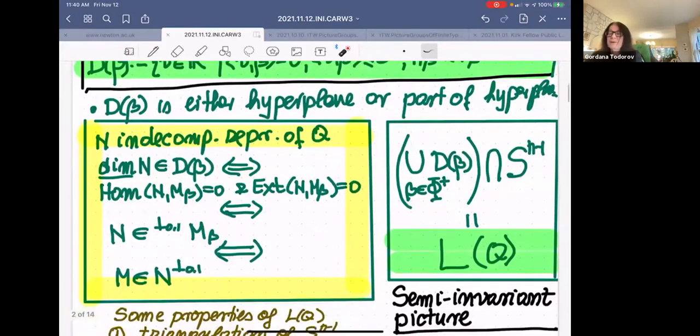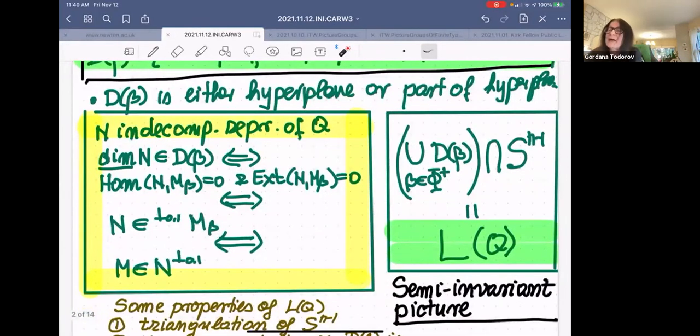And that is if and only if M beta, this is beta here, oops, this is M beta, is in the right perp of N. Now, as I pointed out, d beta is a hyperplane, or part of a hyperplane.